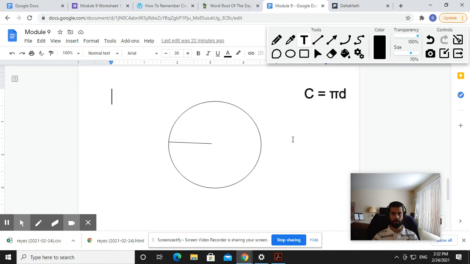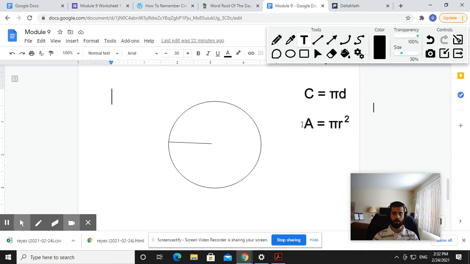And the area is going to have a different formula. It is pi times the radius, but it doesn't stop there. Pi times the radius squared, or to the power of 2.